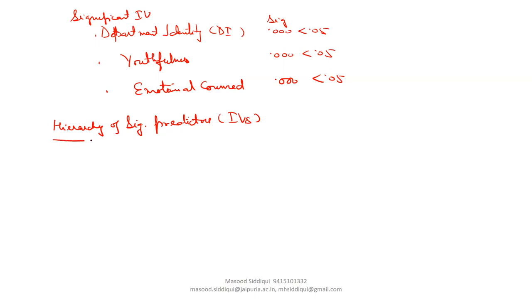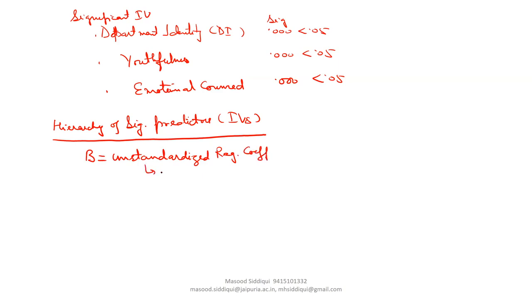Now let us introduce two types of regression coefficient. One is B. B is known as the unstandardized regression coefficient. Unstandardized regression coefficient means it is affected by the scale and unit of measurement.